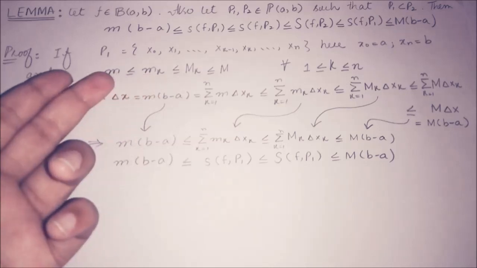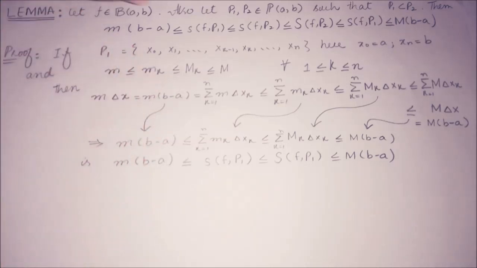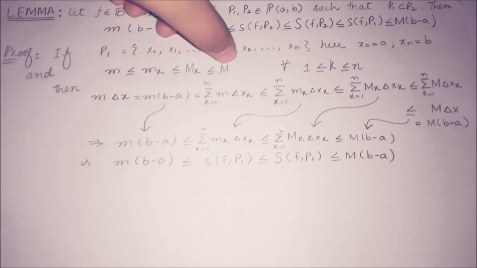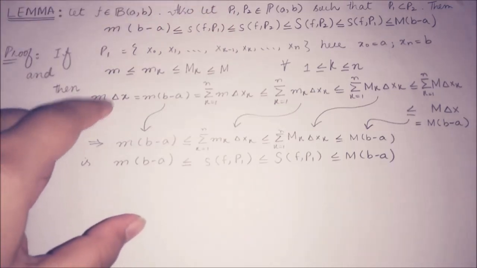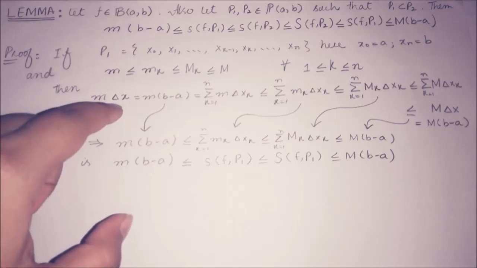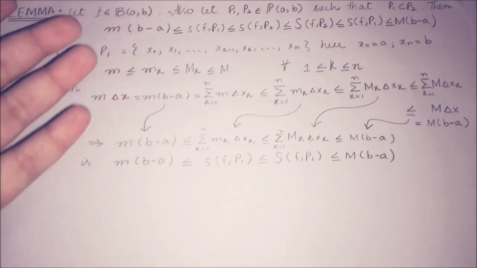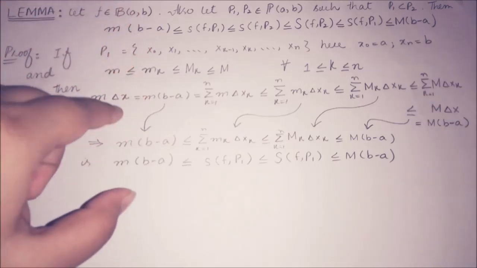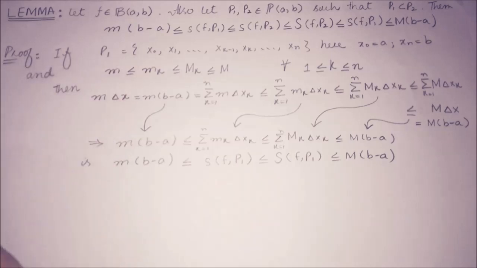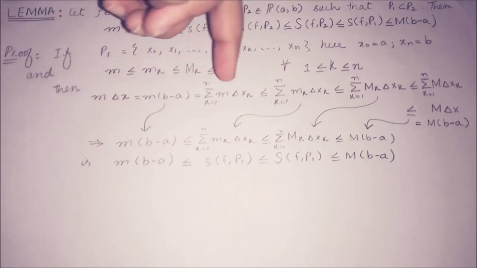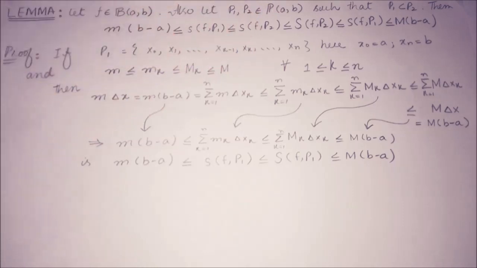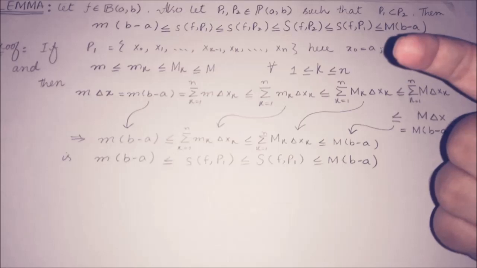This is the infimum of the function within the interval, this is the supremum of the function within the kth interval, and this is the supremum of the whole function. So we know that m delta x can be written as, where delta x is the length of the interval, because we are taking the partition in between a and b, so the length is b minus a, the whole length. So we can write it as a summation of every possible finite or smaller element.